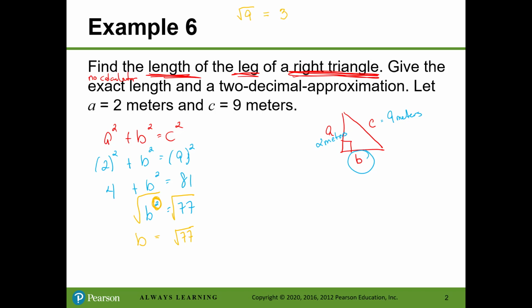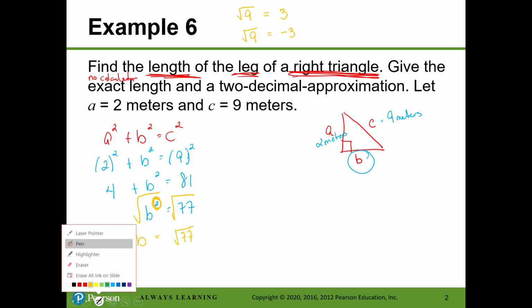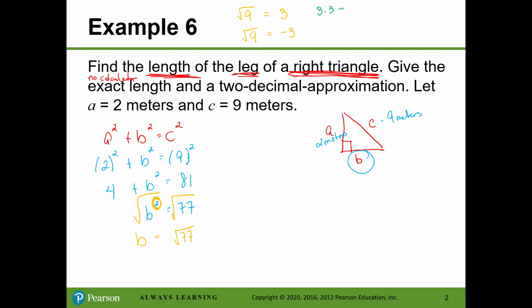Yes, you said 3, but I also suggest that the square root of 9 is also a -3. And some of you are like, well, how can that be? Well, let me ask you something. We know 3 times 3 is equal to 9, right? But isn't -3 times -3 also equal to a +9? So when I take the square root of 9, I actually have 2 answers.